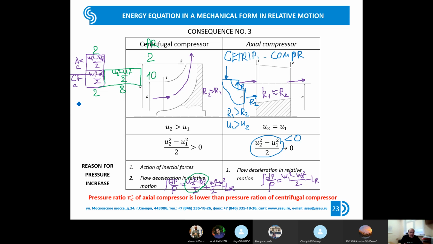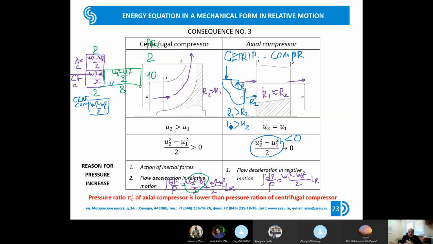That's why let's add the scheme for the centripetal compressor. We add the energy because we decelerate the flow in relative motion, and we need to add this term.